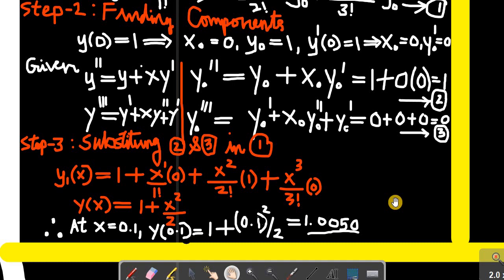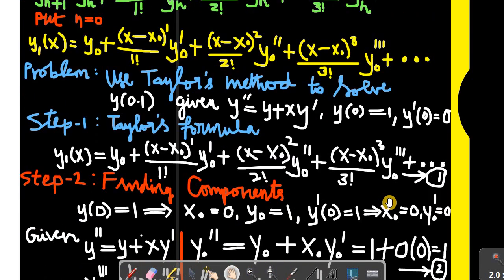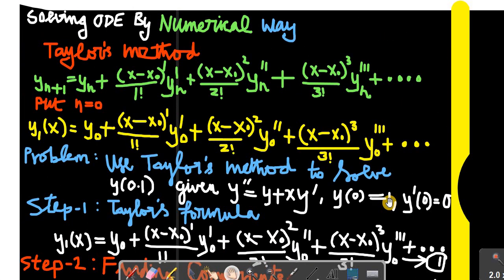Thank you very much for the past 35 minutes you have been with me. Go through this particular problem repeatedly, and only then will you understand. The given problem here is y double dash equals y plus x y dash. So this is a Taylor series problem for the second order or higher order.